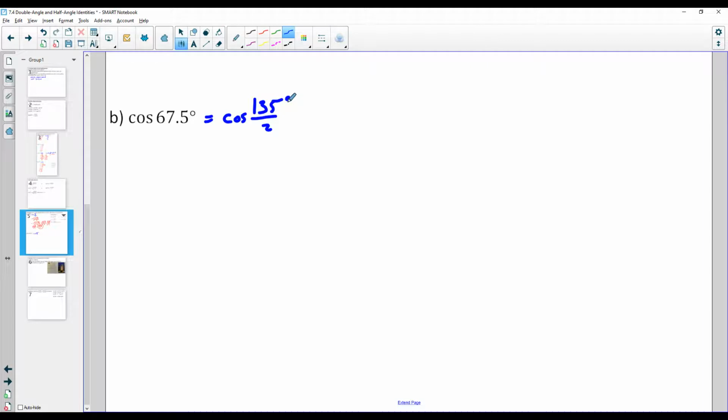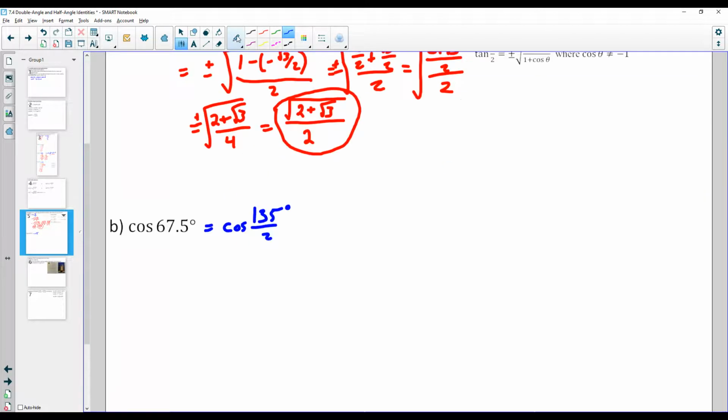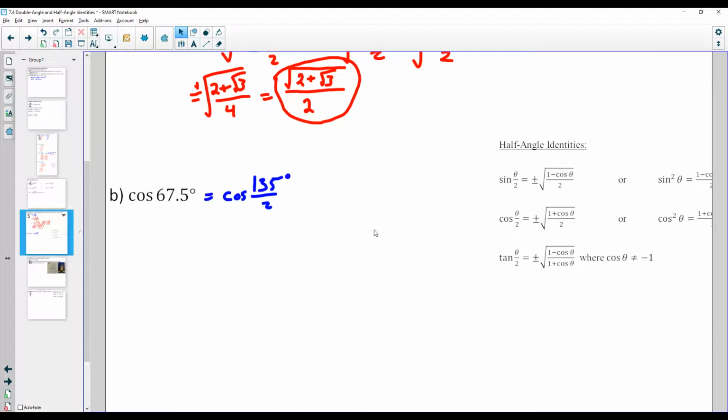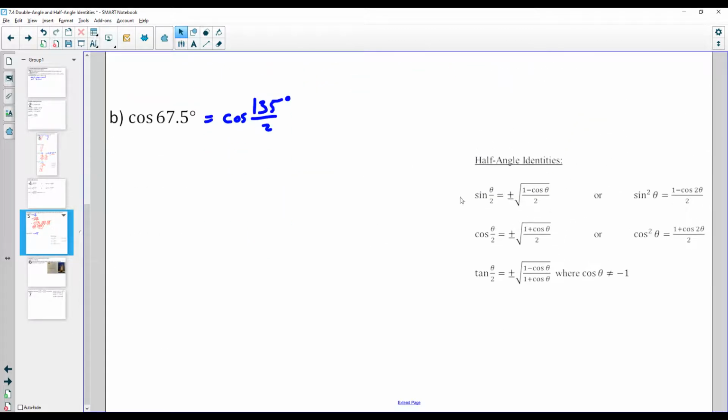All right, same thing. So now, let me go snag our half angle identities. And now we're going to use the one for cosine. So we can just write, that's going to be the cosine of theta over 2, where our theta is now 135 degrees.